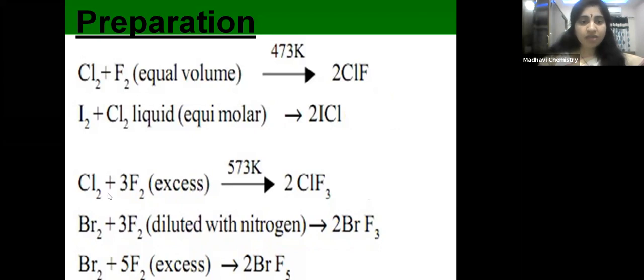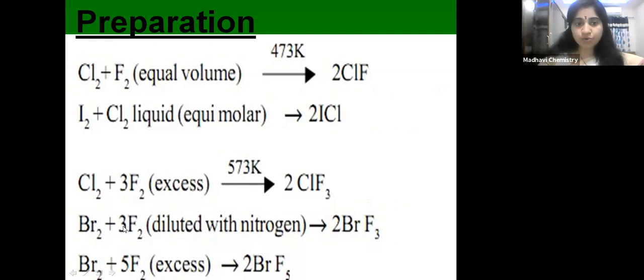Next, if you consider a 1:3 ratio of these halogens, for example, chlorine Cl2 plus 3F2, chlorine is 1 and fluorine is 3. In that case, XX'3 type interhalogen compounds are obtained, so ClF3.